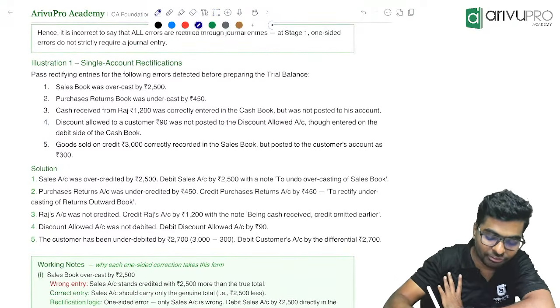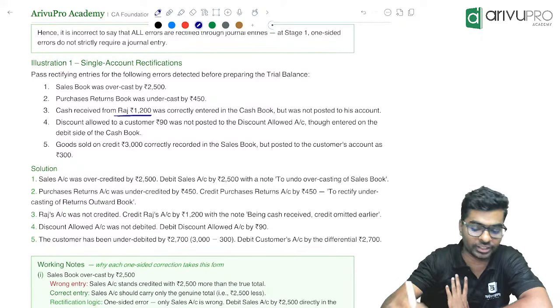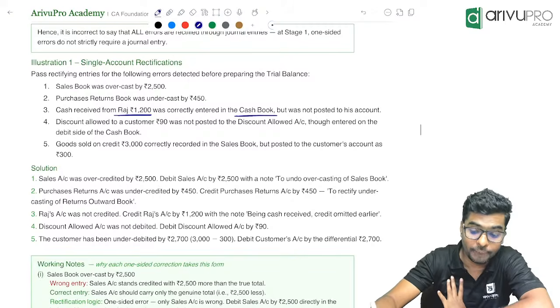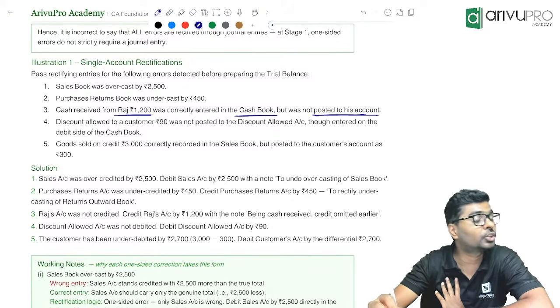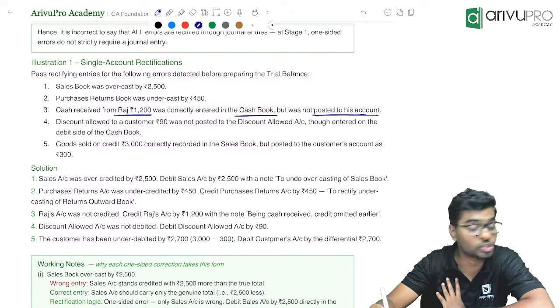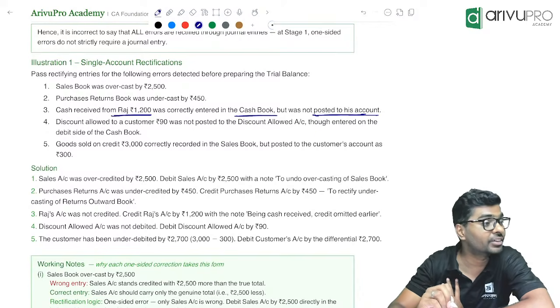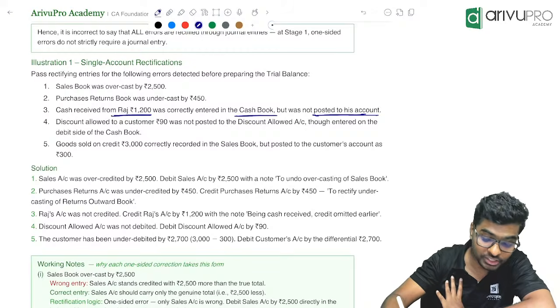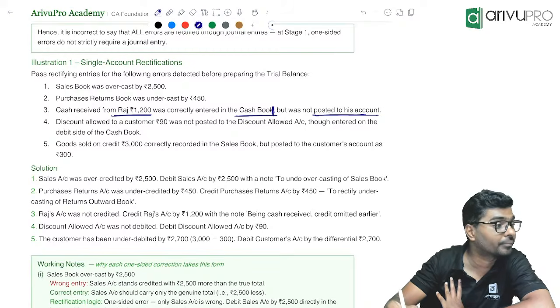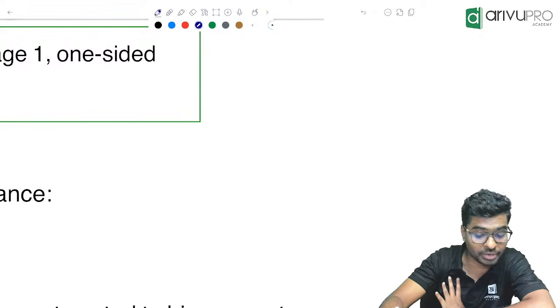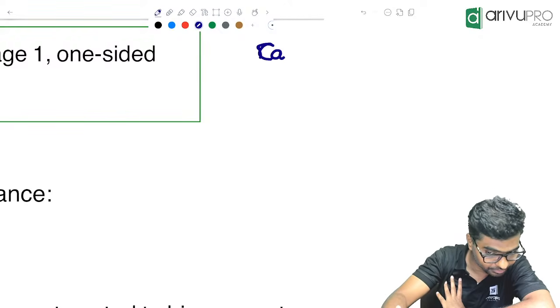Cash received from Raj 1200 was correctly entered in the cash book, but was not posted to his account. Cash received from Raj, that means what? What is the journal entry?